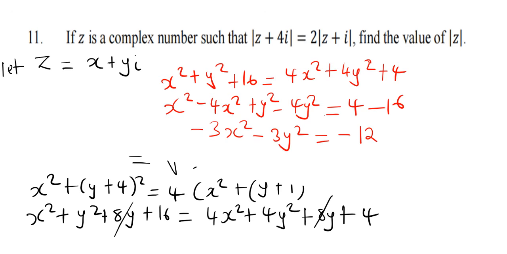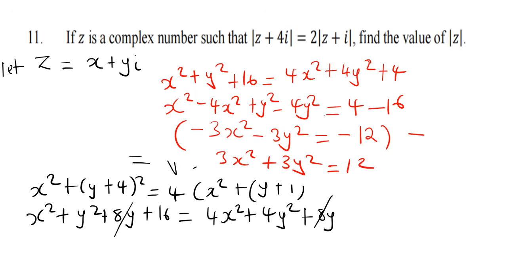Okay, negative 12. Now what do we do? Because they are negatives throughout, I can multiply throughout by negative to avoid negatives. So I'm going to have 3x squared plus 3y squared is equal to 12.